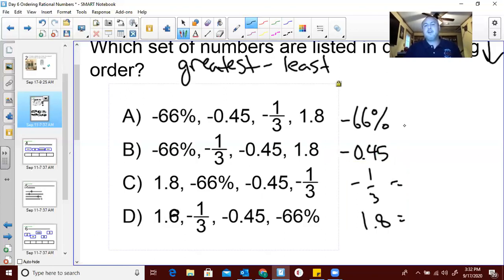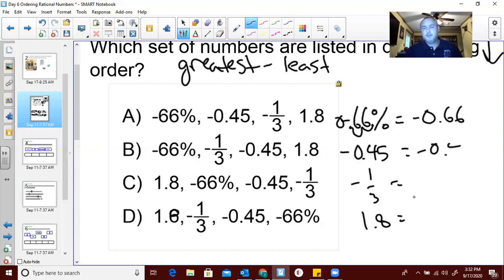All right, just like yesterday, all of these need to be in decimal form. So if I have negative 66%, put my decimal here, I'm going to do double dip, 1, 2, bam, and draw my 0. So I'm going to have a negative 0.66. Over here for negative 0.45, that's already done for me.